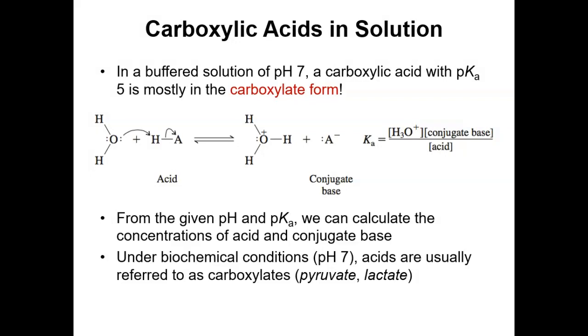Under physiological conditions, usually for humans, pH is about 7.4, close to the neutral value. So most of the carboxylic acid in your bloodstream mostly exists in carboxylate form.